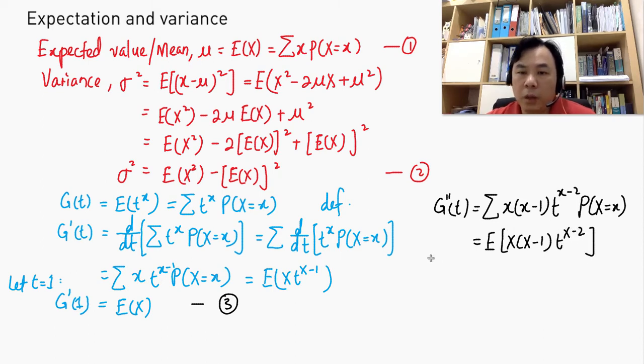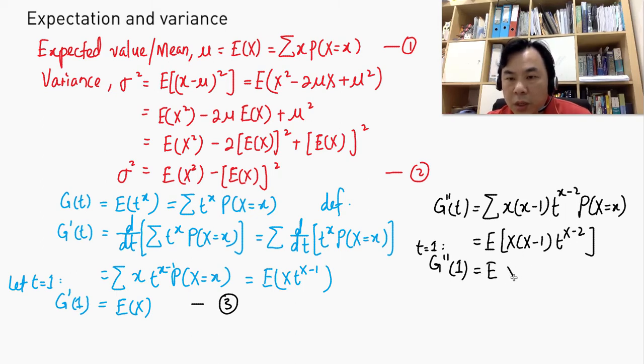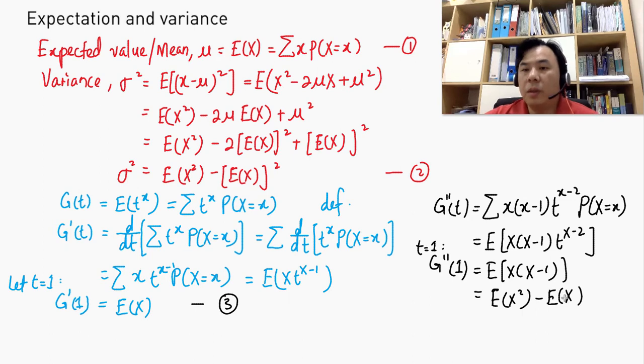Now again, we are going to substitute t equal to 1 into my second derivative. That will yield E[X(X minus 1)], which is not something very significant to work with. But if you restructure that, you will notice that it can be written as such.